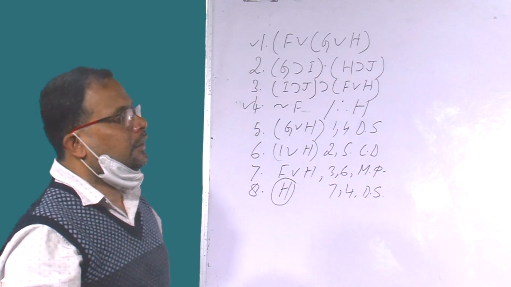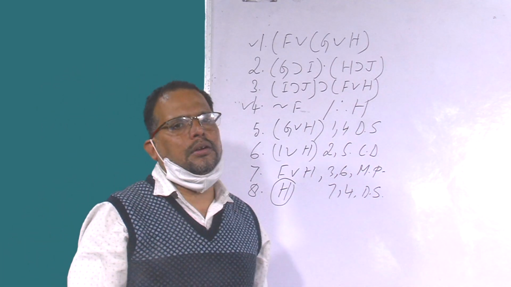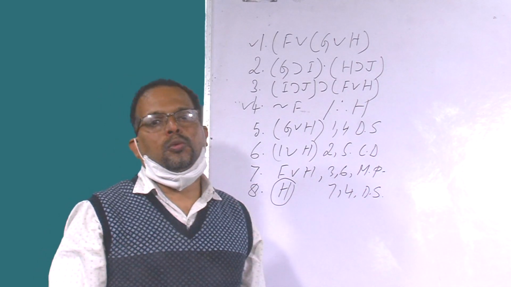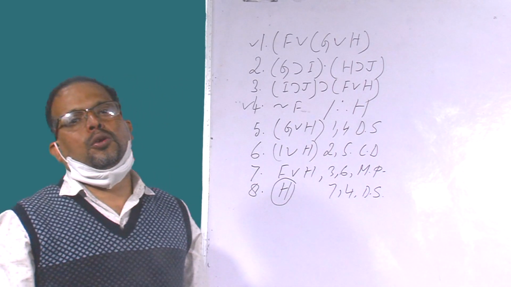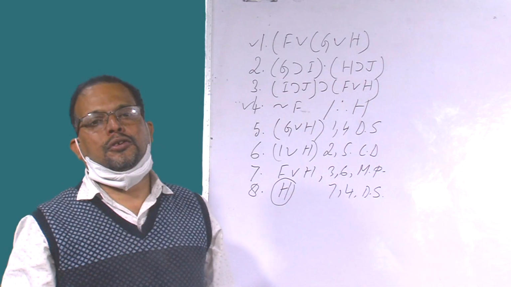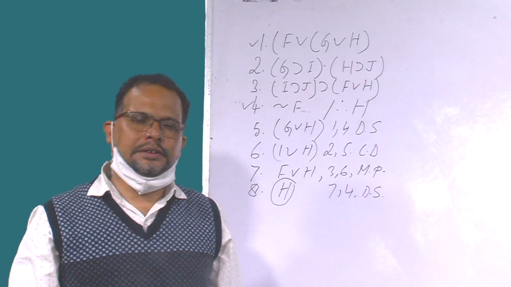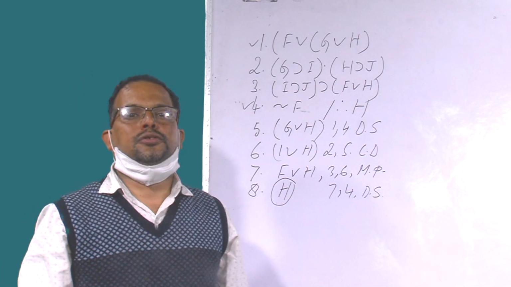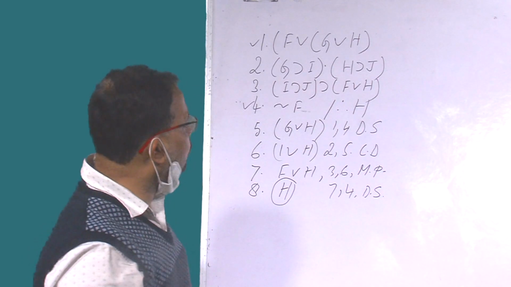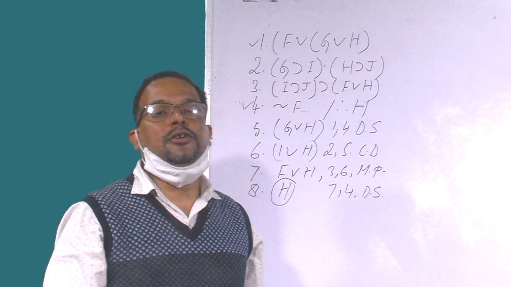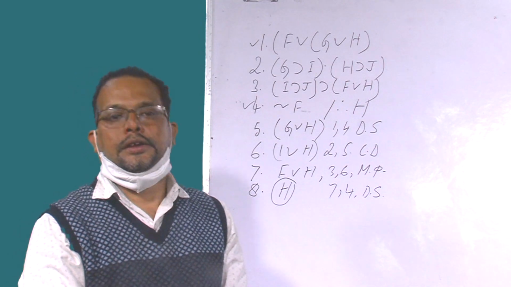In case of complicated arguments, we basically use rules of inference to establish the validity of the arguments. So dear learners, you have to know these 10 rules of inference.